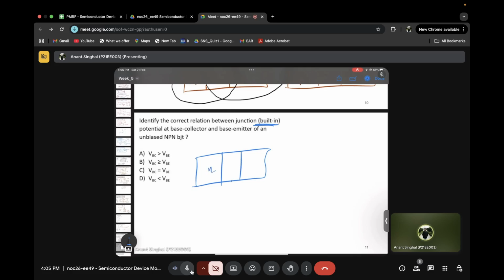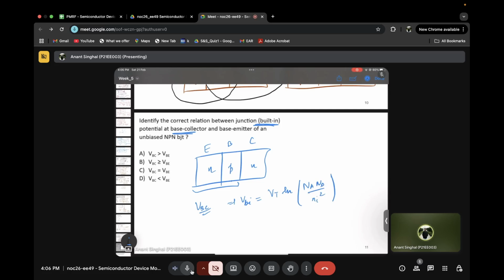Built-in potential, for, let's say, base-collector, which is emitter, base, collector. For VBC, what is the formula for built-in potential for a diode? VBI equals VT ln(NA ND / ni squared), right?